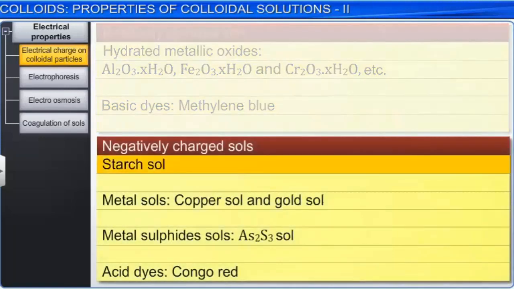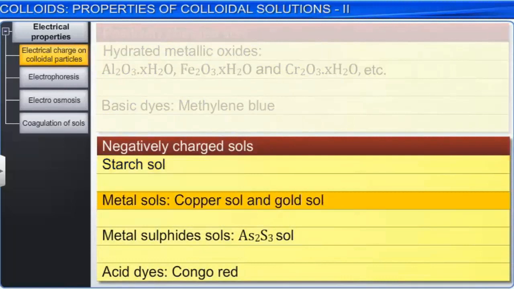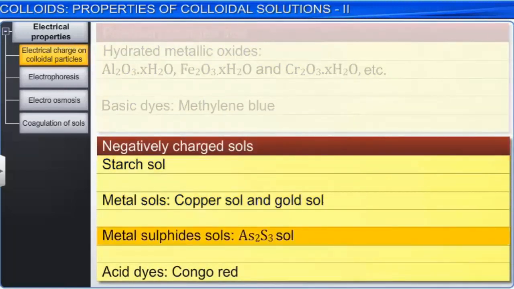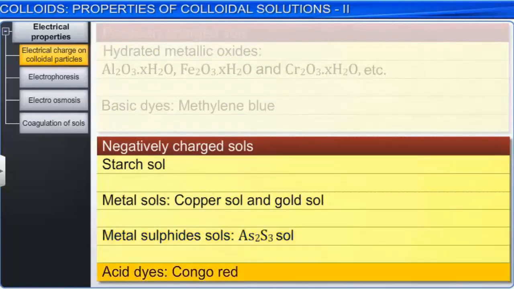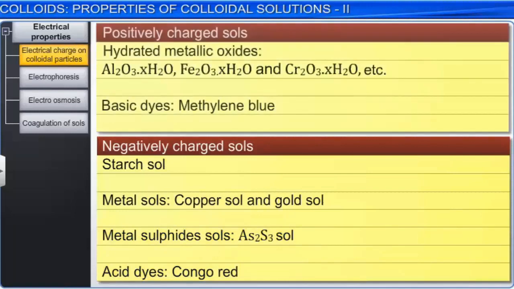Starch sol, metal sols like copper sol and gold sol, metal sulfide sols like arsenious sulfide sol, and acid dyes like Congo red are examples of negatively charged sols.